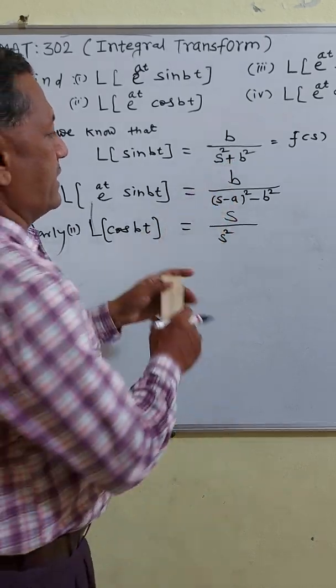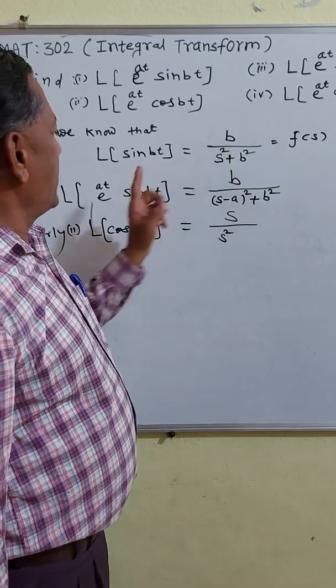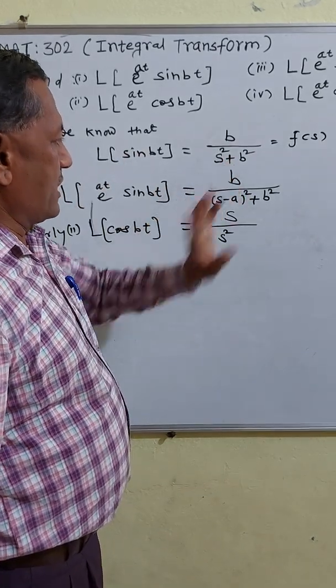In the hyperbolic function it is minus, and in the trigonometric function it is plus.